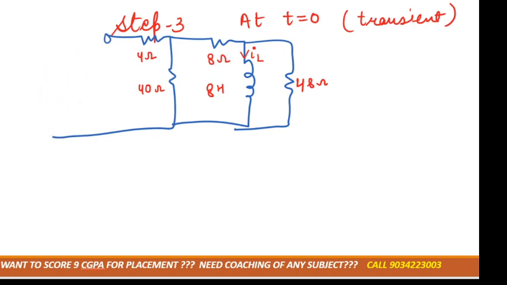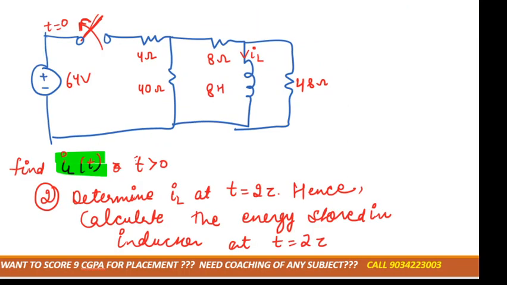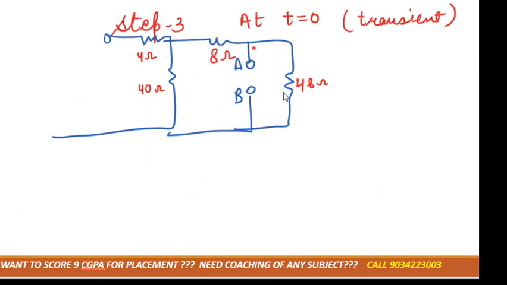Now I told you we'll also need to remove the inductor, and where the inductor was connected, we have to mark A terminal and B terminal. This was 8 ohm, 8 ohm, 40, 4 and 40.